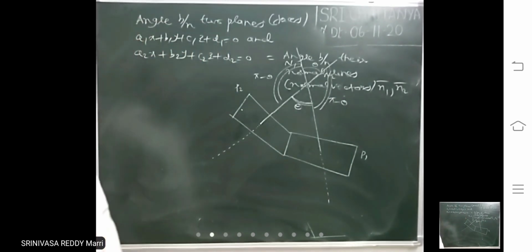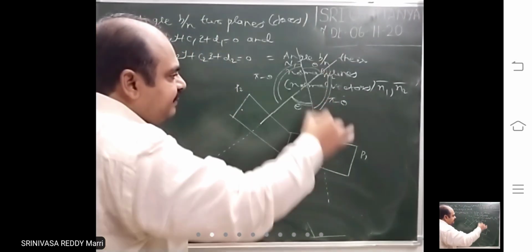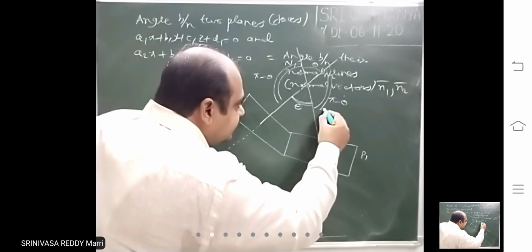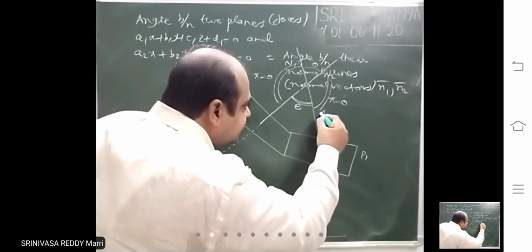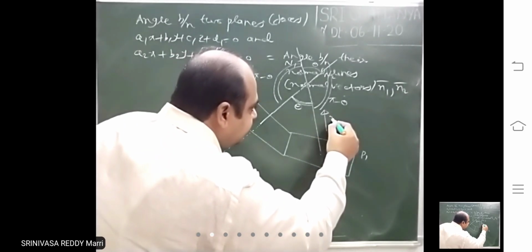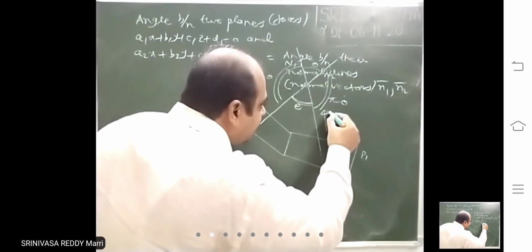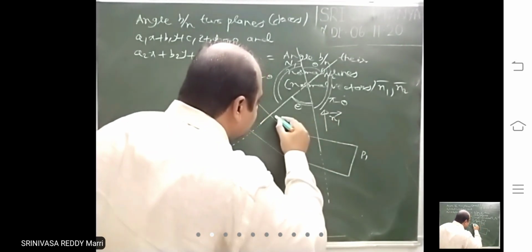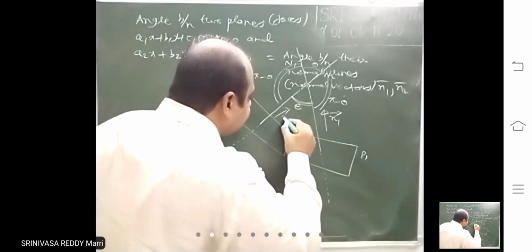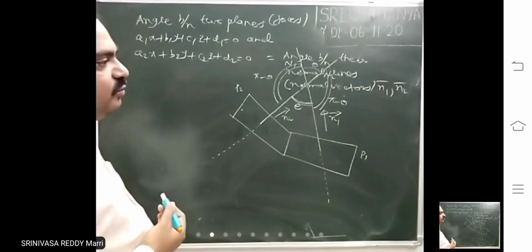Now what is the angle between these two lines? There will be a direction vector for the normal, n1 bar, and a direction vector for the second normal, n2 bar.